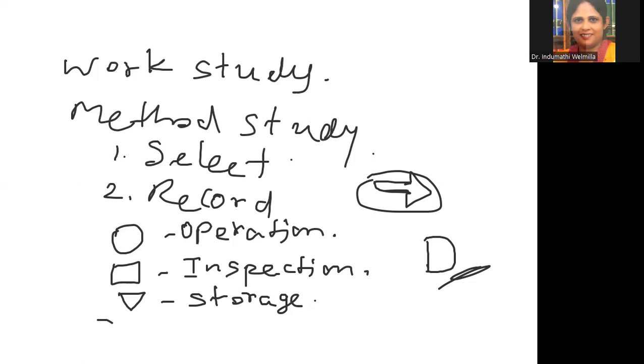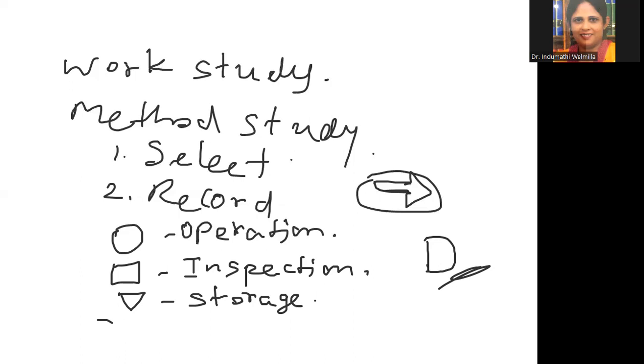In addition to that, we can use the flow process chart to record things, right? It is the diagrammatic presentation of all operations, inspections, movements, delays, and storage which occur when a task is being carried out.